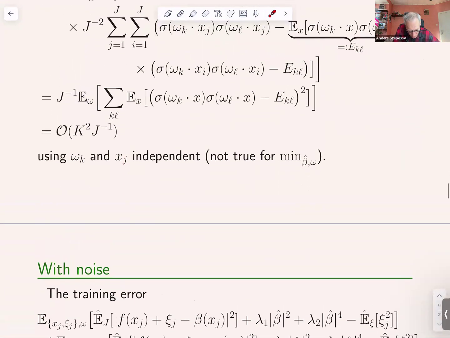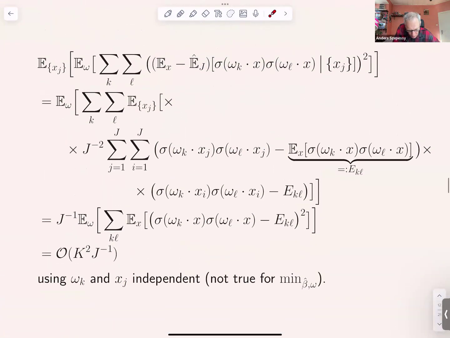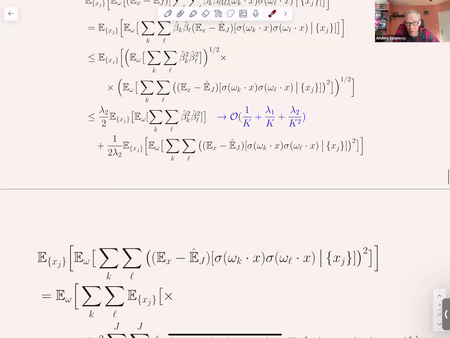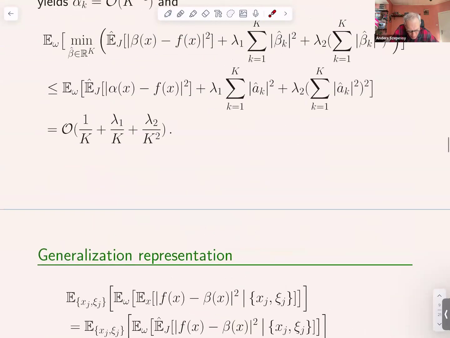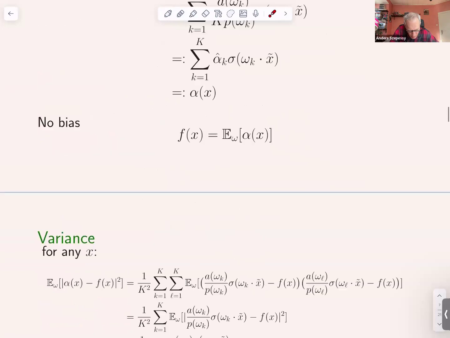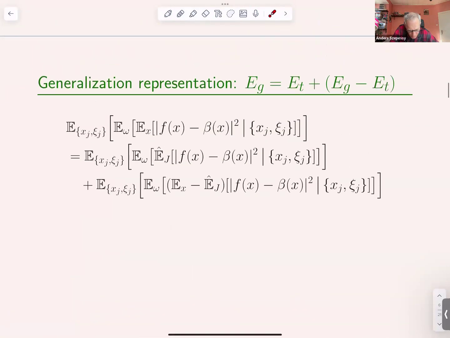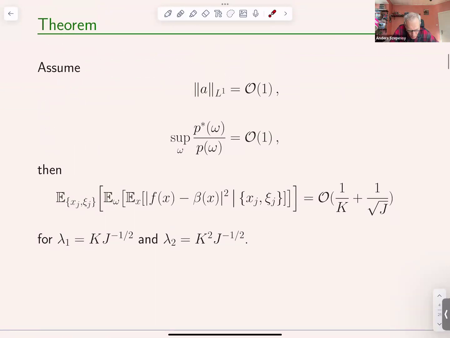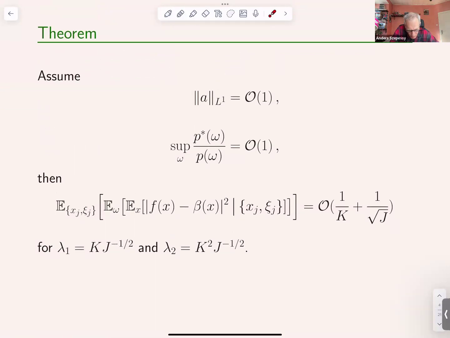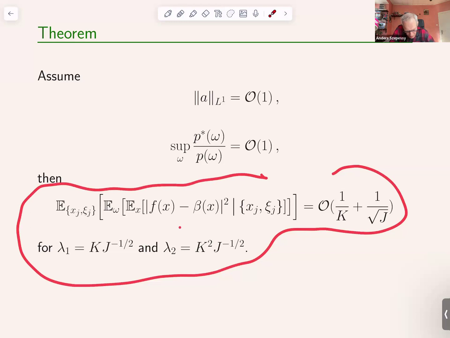Okay, so yeah, if we go back to the theorem, the statement, then we have now proved this statement in the setting where we have no noise.